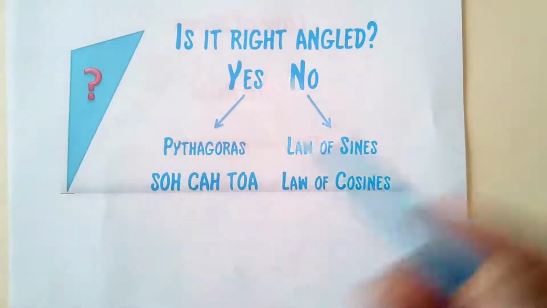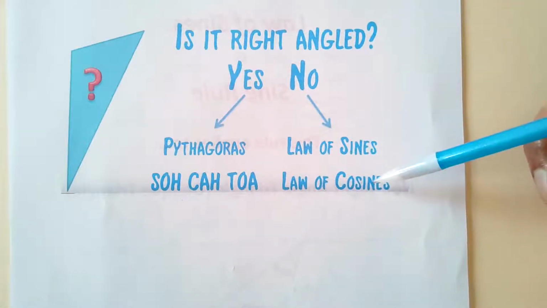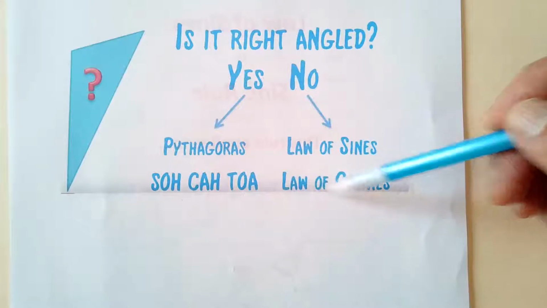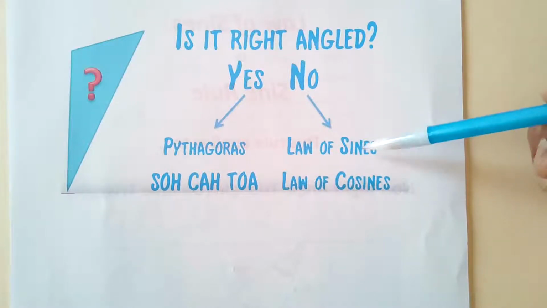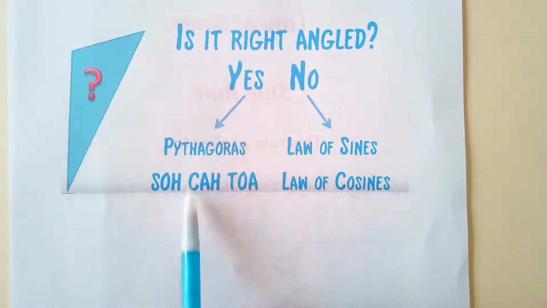If it's not a right angle triangle, we have to use the law of sines, and there's another rule known as the cosine rule, the law of cosines, which we use when we can't use the others.